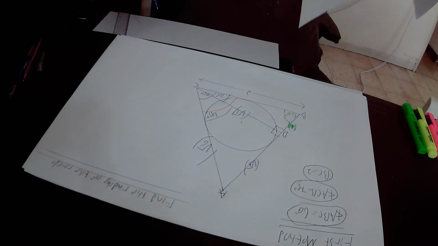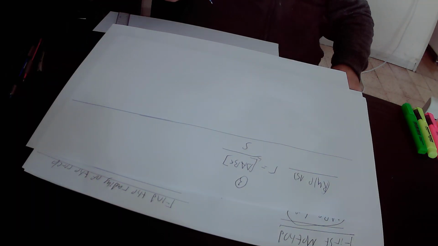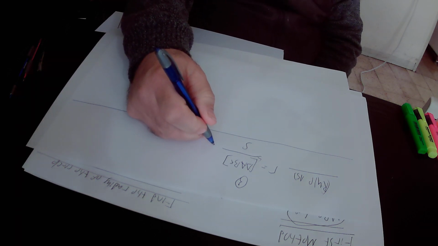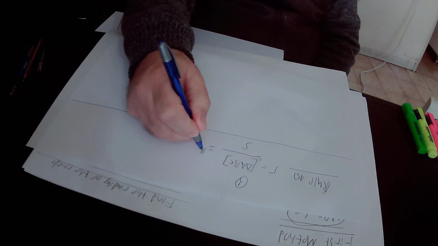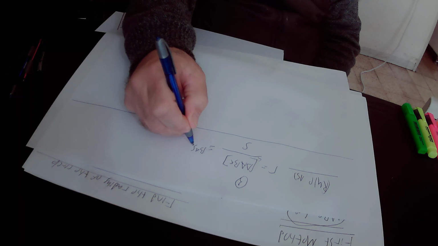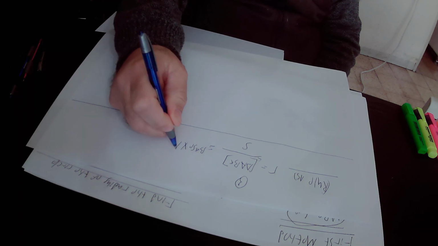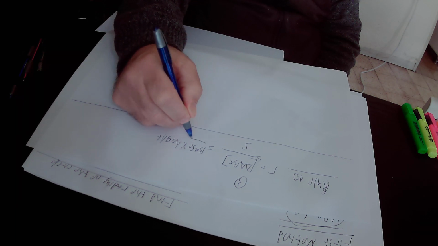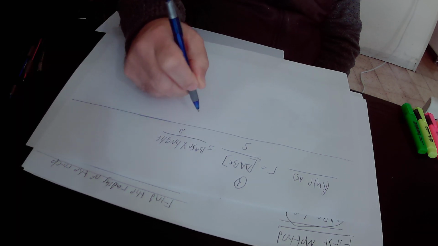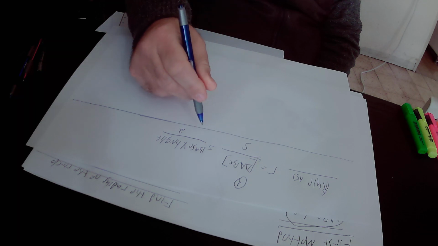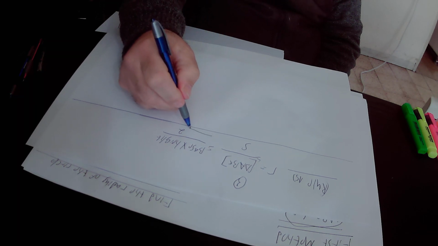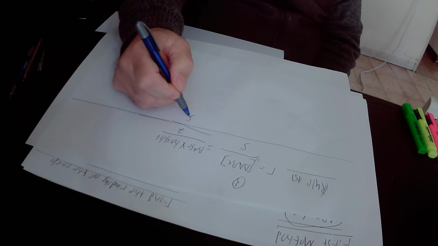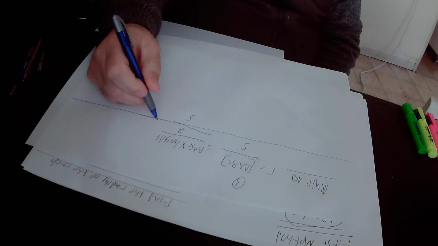Okay. We know that the area of any triangle equals the base of the triangle times the height to the base over 2, and we have to divide the area by S, that is the semi-perimeter of the same triangle ABC.